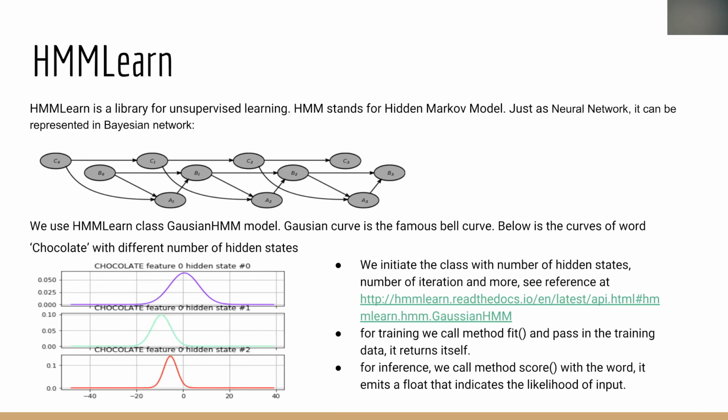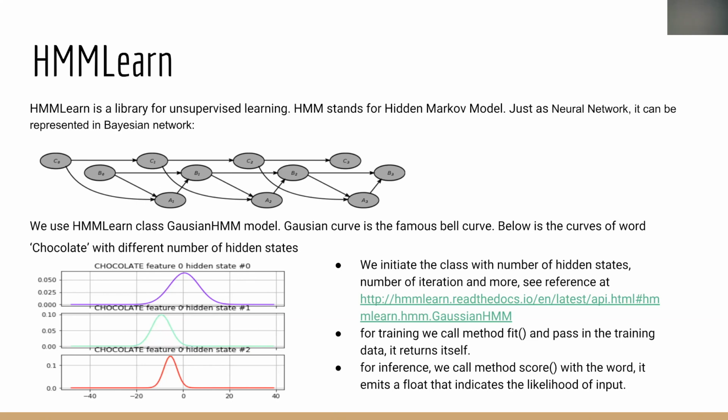So what we do is we train them using the Gaussian HMM with a different number of hidden states, and then we compare them to see which one is the best.